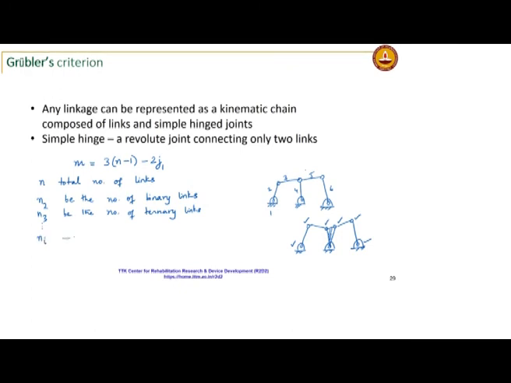So, ni is the number of links with i nodes. Each of those links has i nodes, and I am considering that all these nodes have simple hinge joints.